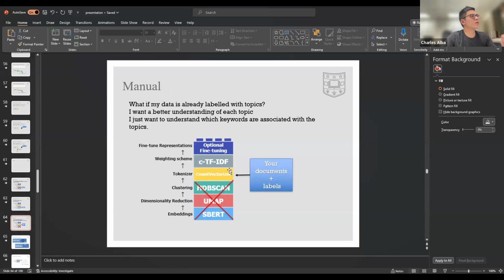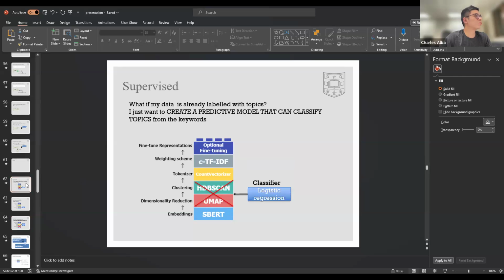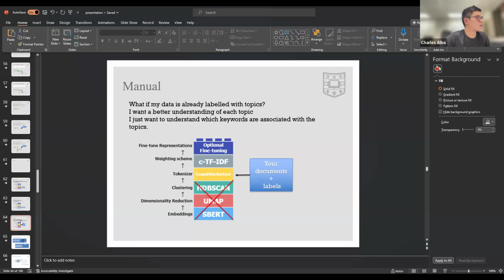The difference between this and supervised is that in supervised, you're building a model. You're still embedding the text, but you're building a model to understand the outputs. In this one, you're purely trying to infer. You're not building any predictive model, right?